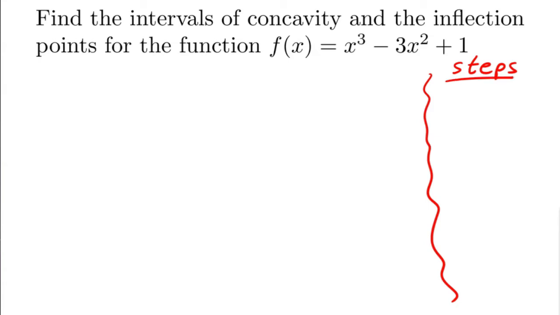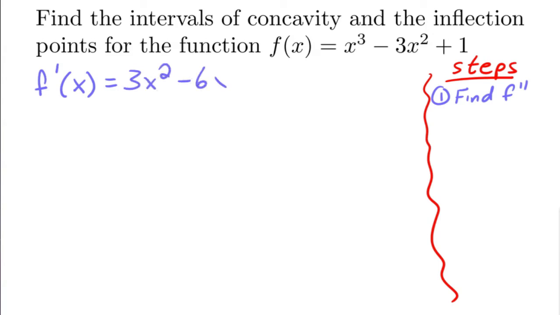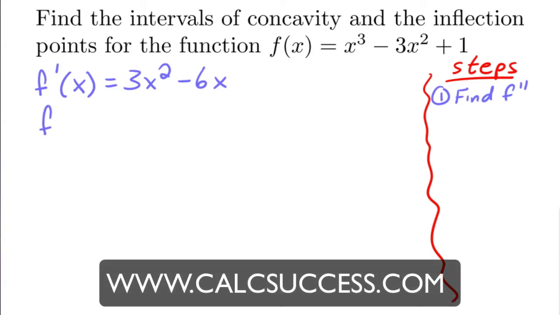So if we're just looking for the intervals of concavity, then what we need to do is we're going to find the second derivative. Okay, so to find the second derivative, I need to first find the first derivative, which would be 3x squared minus 6x. Okay, and then the second derivative, which is the derivative of that, is just going to be 6x minus 6.